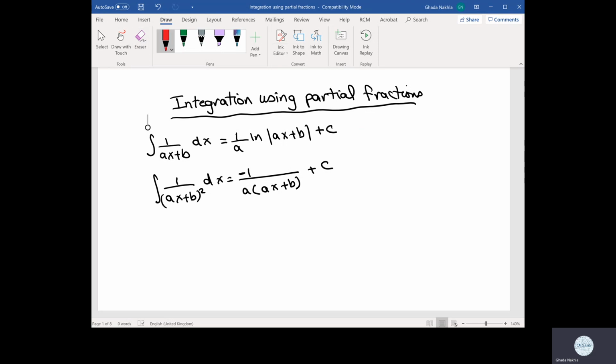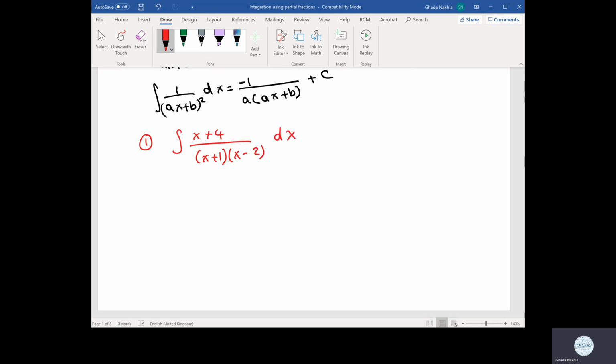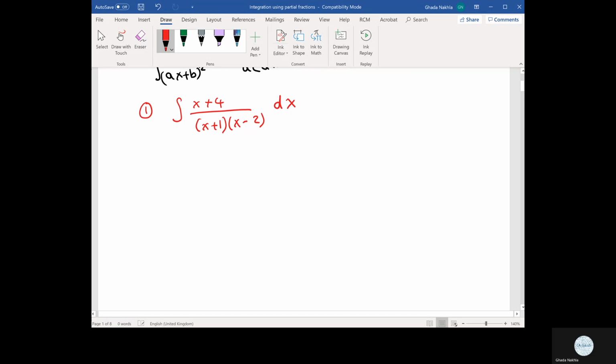So let's take a look at the first question. I am integrating x plus 4 over (x plus 1)(x minus 2) dx. Let's ignore the integration and the dx for a minute, and concentrate on using partial fractions.